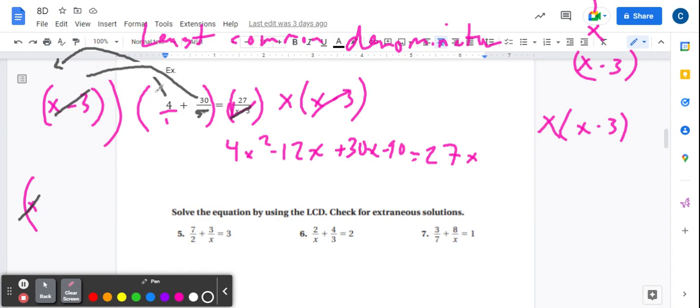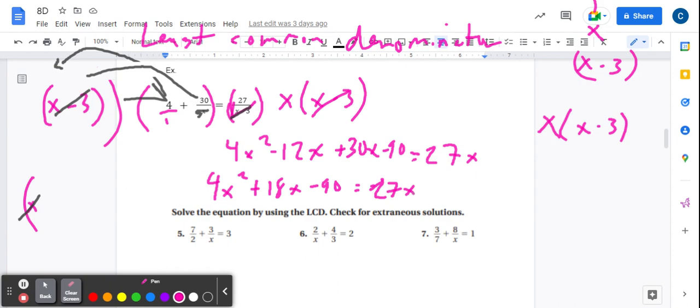So that multiplies over there. All right, cleaning this up. It's a quadratic, so we can get it all the way over here, and we can combine like terms. So we have 4x squared minus 12x plus 30x is plus 18x minus 90 equals 27x.